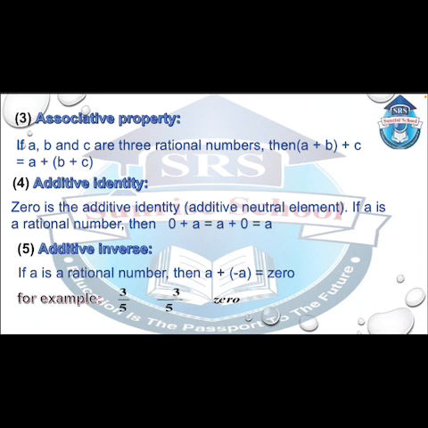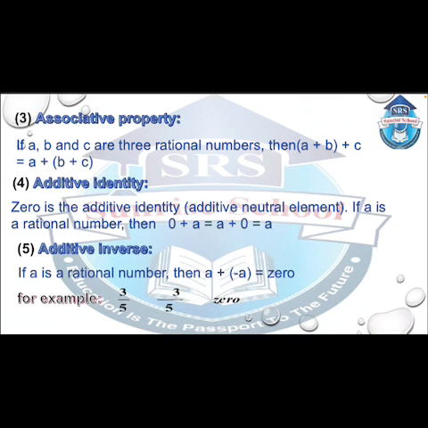Property number 3, associative property, which means if I have A, B, and C, three rational numbers, then if I add A and B together first, then add C, it will be the same as adding B and C together, then adding A to them.